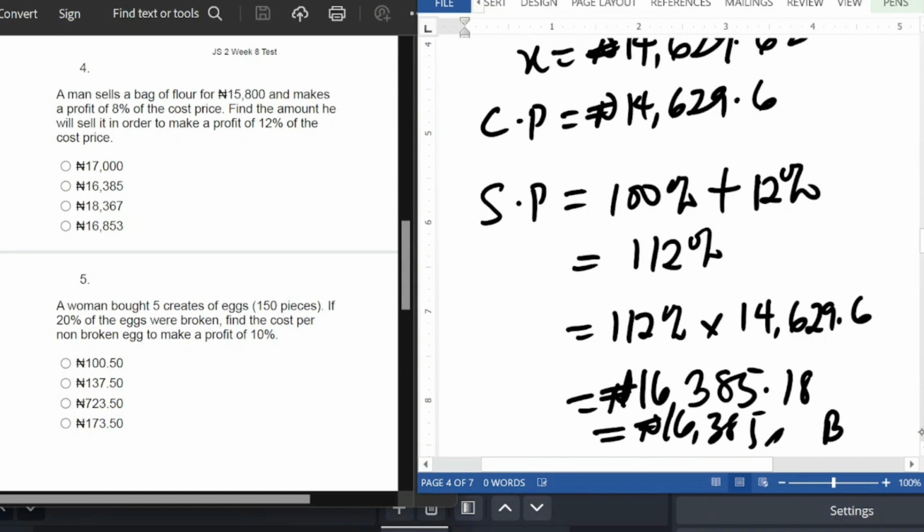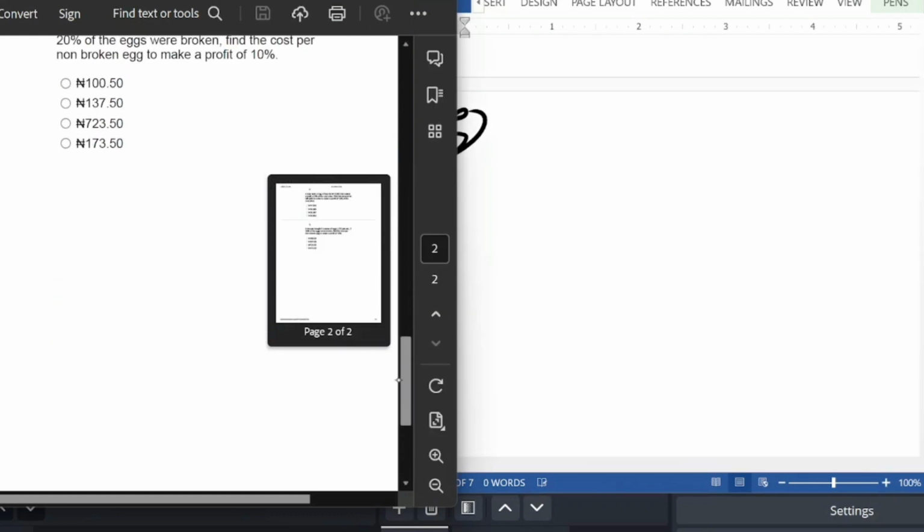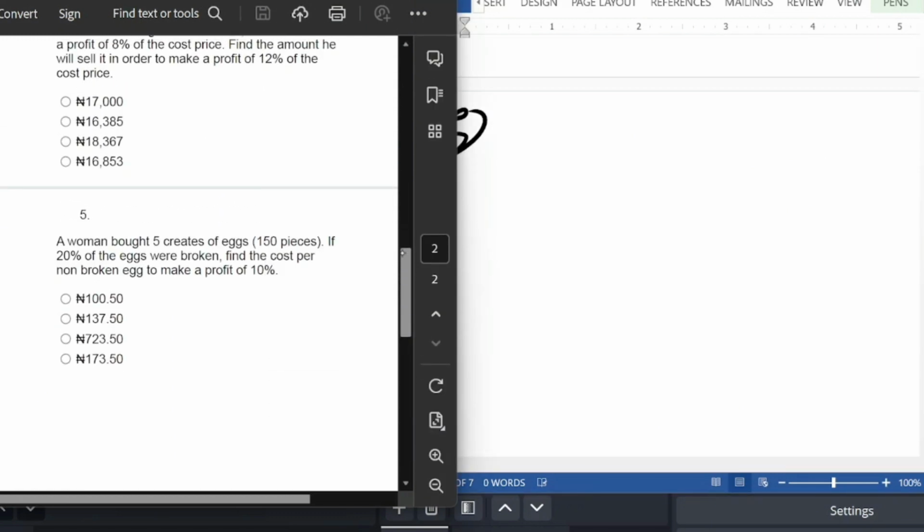All right. So the last question we have here is question number 5. Do we have any more questions? No. So question number 5: a woman bought 5 crates of eggs, which is 150 pieces, right? If 20% of the eggs were broken, find the cost per non-broken egg to make a profit of 10%.